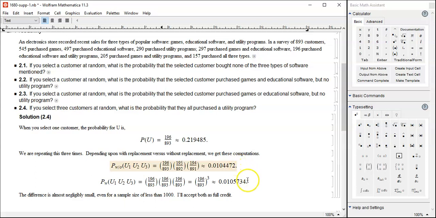So how do you use the theoretical probability computation we do in the classroom to predict or simulate what's really going to happen? As you can see, the difference is relatively small, and that's because the sample size, 893, is sufficiently large. Now, if you have something larger than 1,000, then the difference will be really pretty negligible.